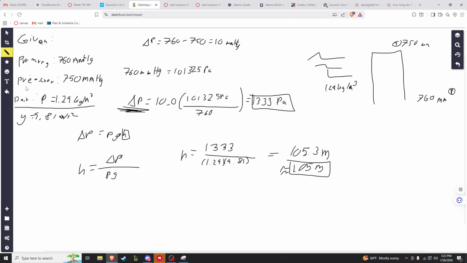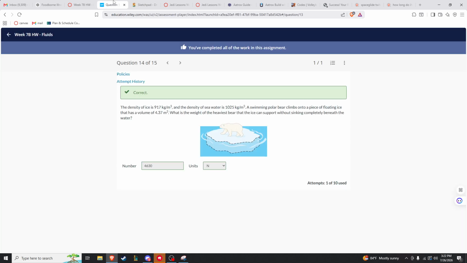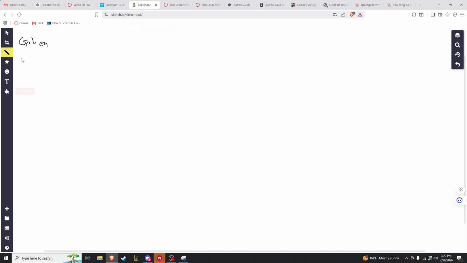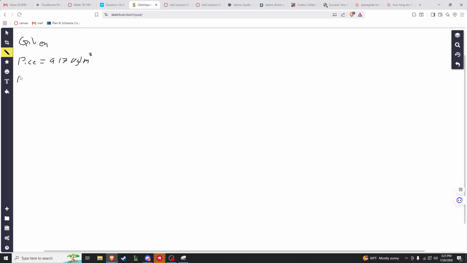So, we're going to write out what was given. Just right off the bat, we want to write what we have so we know what we can use. So, we were given the density of the ice, which is 917 kilograms per meter cubed. We were also given the density of the water, rho water, which is equal to 1025 kilograms per meter cubed.